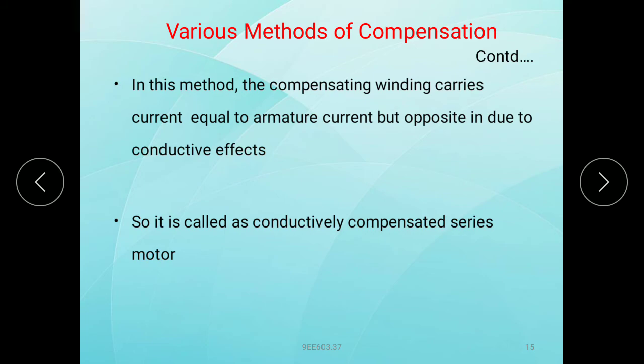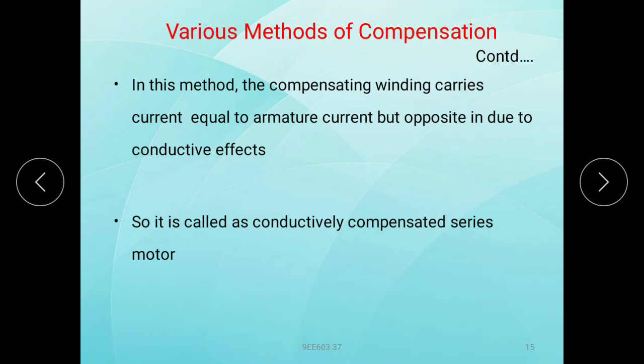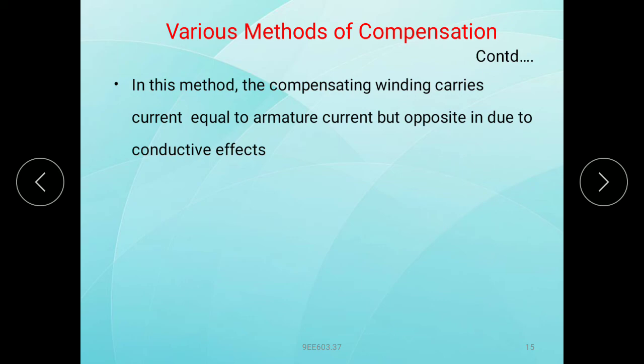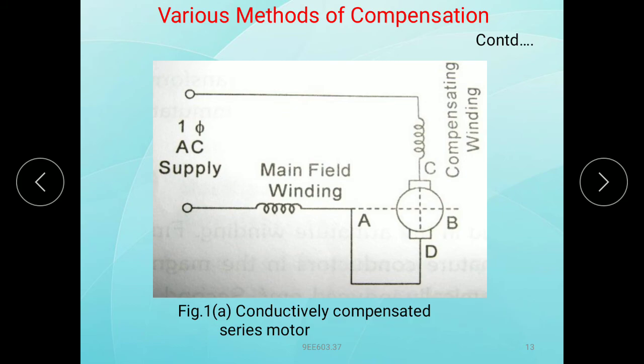Once again, see here. This is the single phase AC supply and the main winding, which produces the main flux in this direction, along AB. And this is the armature.